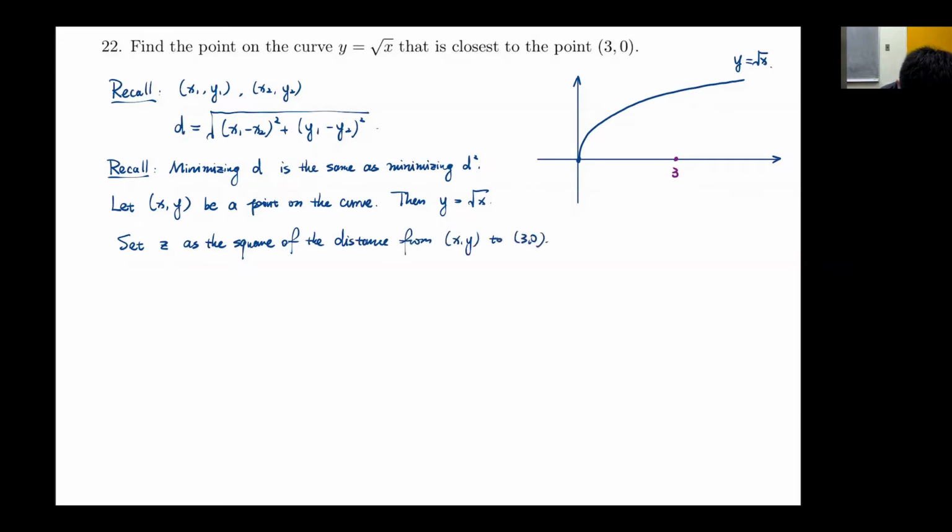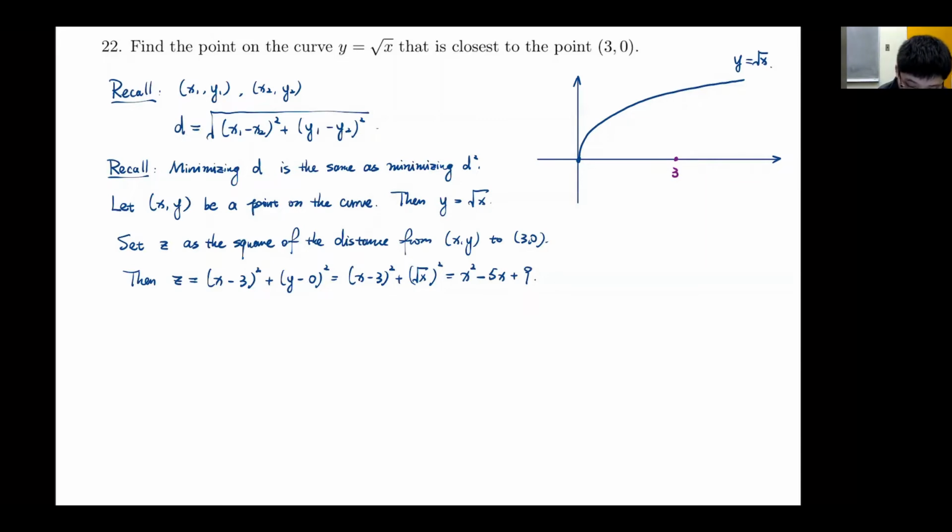Then z is going to be x minus 3 squared plus y minus 0 squared. But knowing that y equals root of x, I have x minus 3 squared plus root of x squared. Simplifying and expanding everything, I get x squared minus 6x plus x, that would be minus 5x, and finally plus 9. That will be my function z.